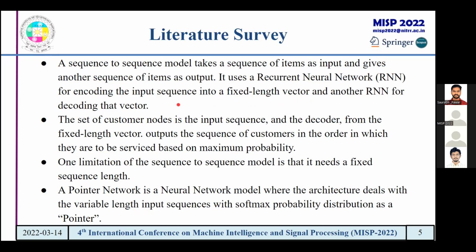So starting off, there is a basic sequence to sequence model. The whole idea here is you give it an input sequence with a fixed length, and you get an output sequence with a fixed length, and it can be modeled using RNNs, where the RNN encodes the input sequence, and we get a fixed length vector, which is the essence or representation of the entire input sequence, and then we decode it using another RNN, producing the actual output.